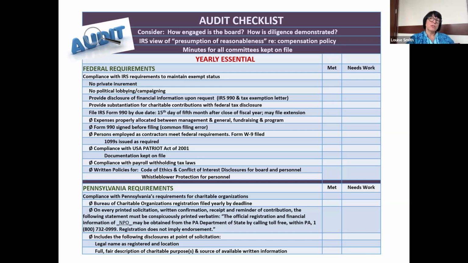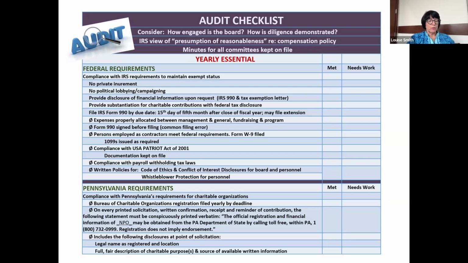So again, this is a checklist that you could go through with your executive director and the financial person and say, do we do these? Do we have these? How do we know we comply? And if you come up with an area that needs work, there you go. You can work on it. They can work on it.